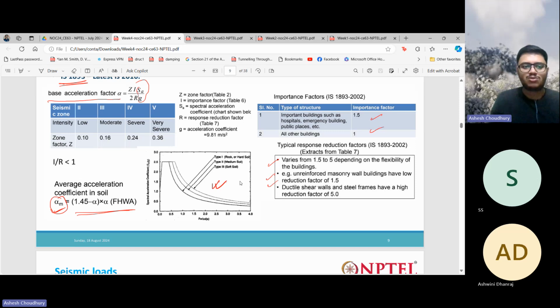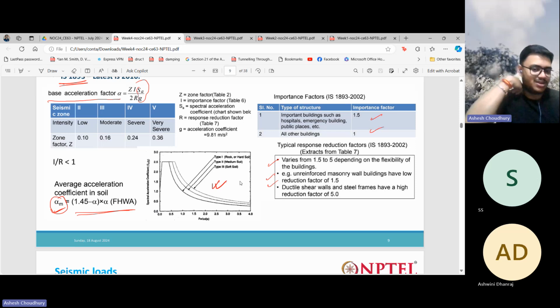I am sure that each one of us has done at least one building design during your bachelor's days, right? During your undergraduate days, I am hopeful that you have done at least one design of a whole RCC structure where you have used IS 1893. And if you have not done this, it's actually really unfortunate, and you should really reconsider calling yourself a civil engineer.